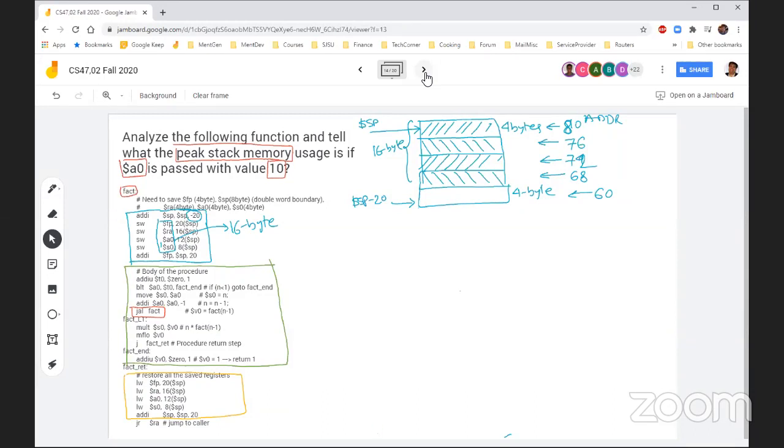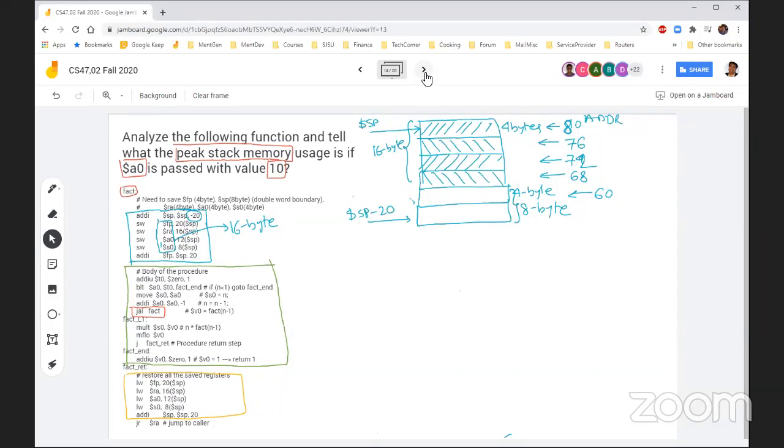So basically, remember, this is giving you a double word boundary push boundary. So the stack pointer is moved some extra bytes on each frame. So this is extra, sorry, 8 bytes, not 16 bytes, 8 bytes. Extra 8 bytes is allocated for an upcoming double word pushing in our strategy.